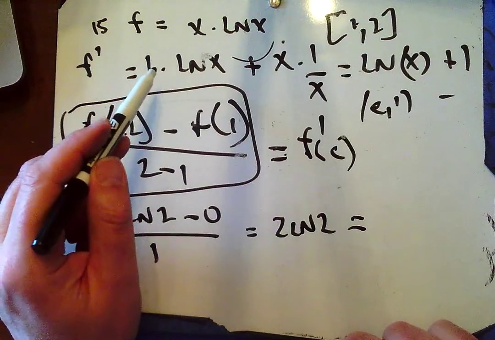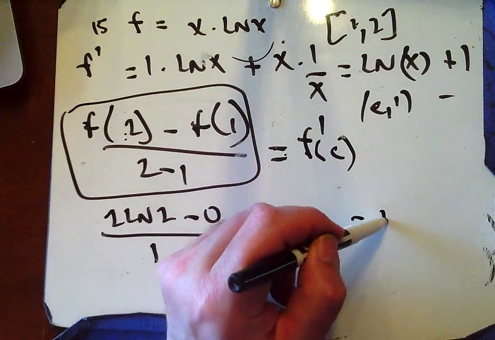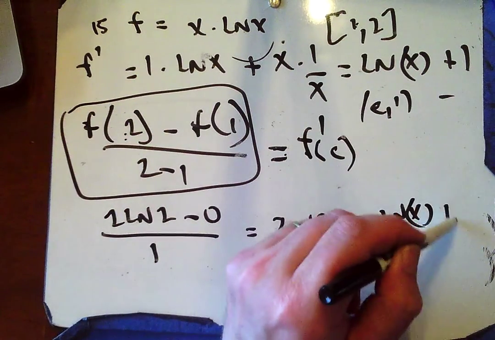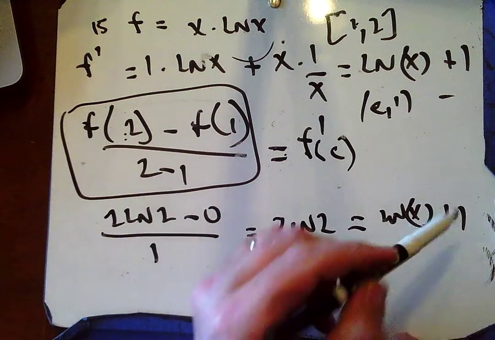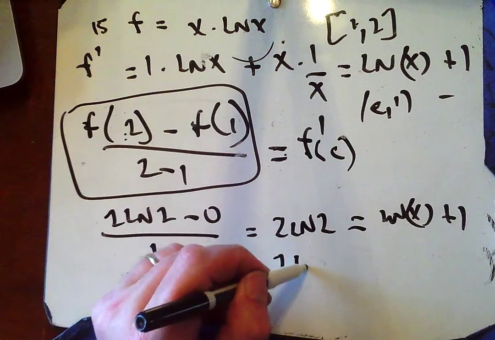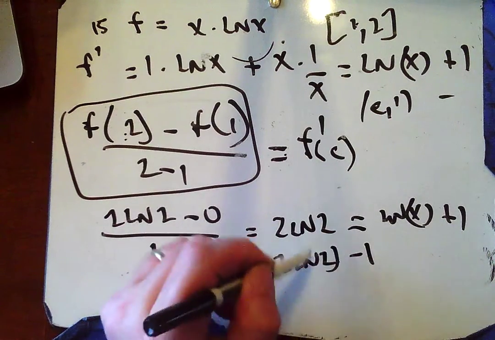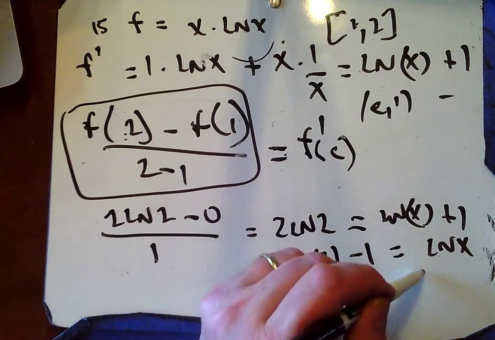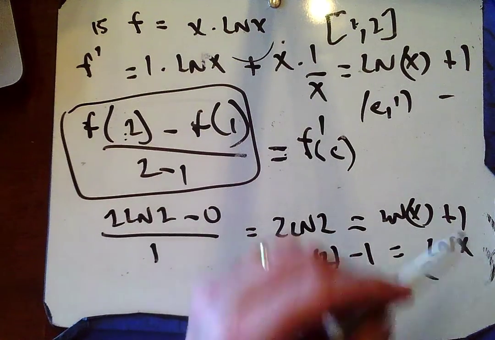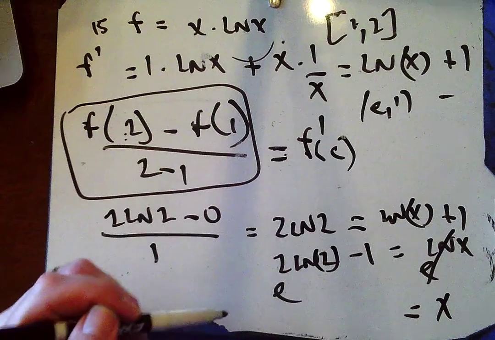So what was our derivative? Our derivative was ln of x plus 1. So this is the equation I want to solve for x. I'm going to subtract 1 from both sides, equals ln of x. And then I'm going to exponentiate. So I get x equals this number.